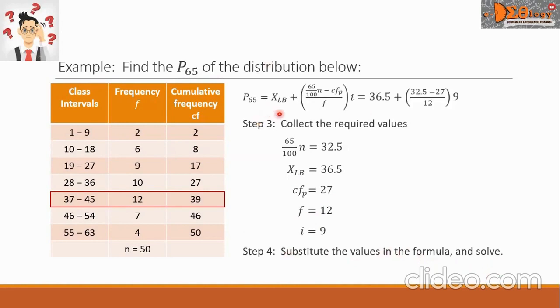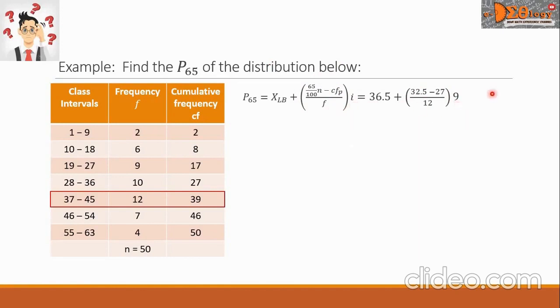The X sub LB is now 36.5 plus this value here, 32.5 minus CF sub P, which is 27, all over F, which is now equal to 12.